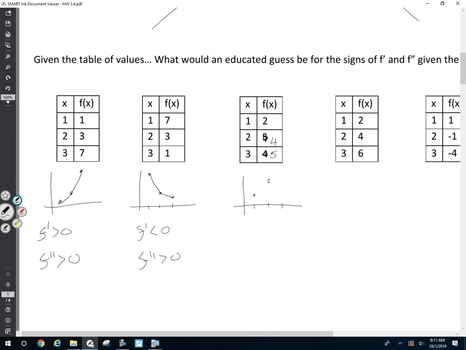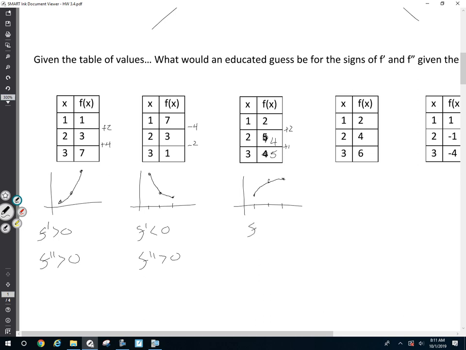2, 4, 5. You can kind of see I'm adding 2, then I'm adding 4. So I'm increasing but at an increasing rate. Subtract 4, subtract 2. I'm decreasing at an increasing rate. Add 2, add 1, increasing at a decreasing rate.